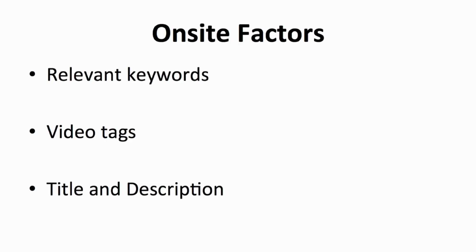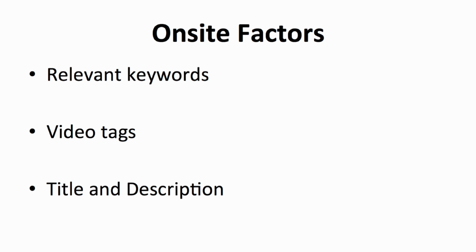There are two types of factors that will affect how Google will rank your video, which are the on-site factors and the off-site factors. Without further ado, let's get to the on-site factors. First and foremost, the relevancy of keywords is the key. Google evaluates your video based on the language in your video and your description box.